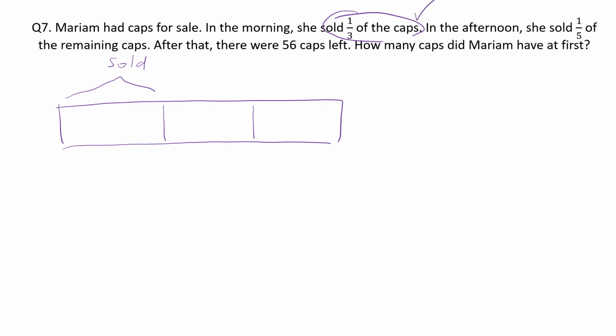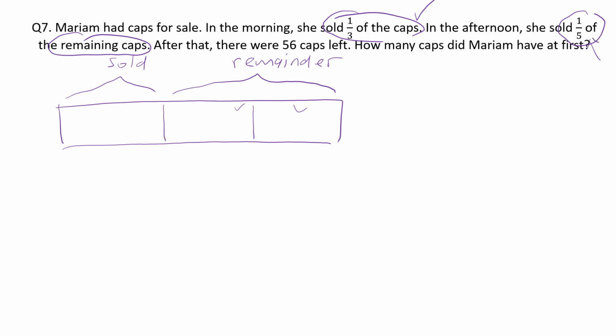In the afternoon, she sold 1/5 of the remaining caps. So where is the remaining? This is the remainder. From here, if you look at this unit, there are only two, 1 and 2. And they mentioned that she sold 1/5 of the remaining caps. Look at the denominator, it's 5, but right now it's 2.